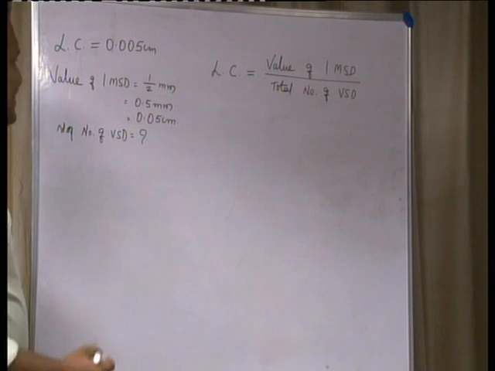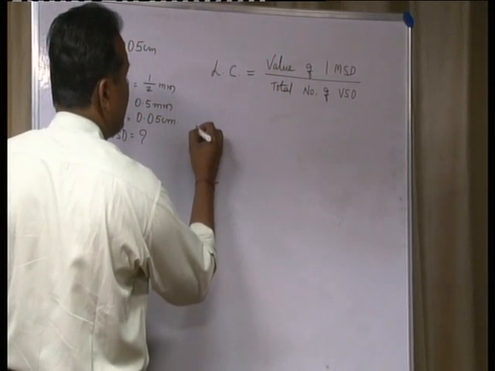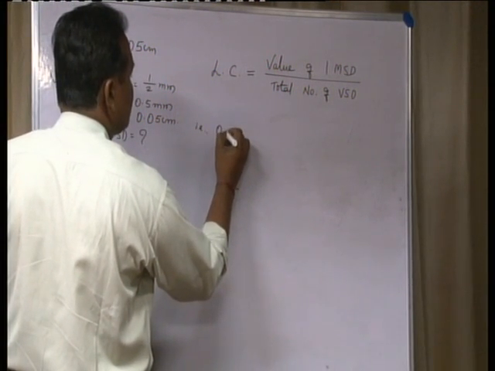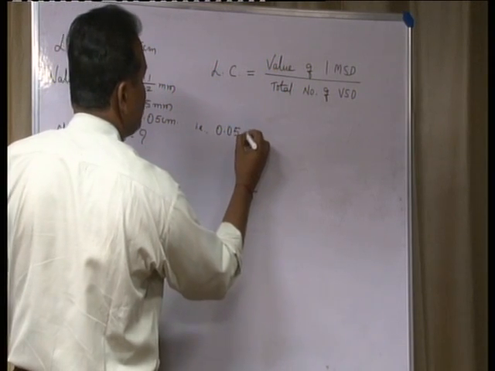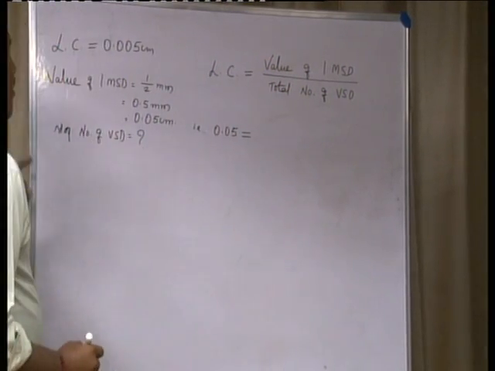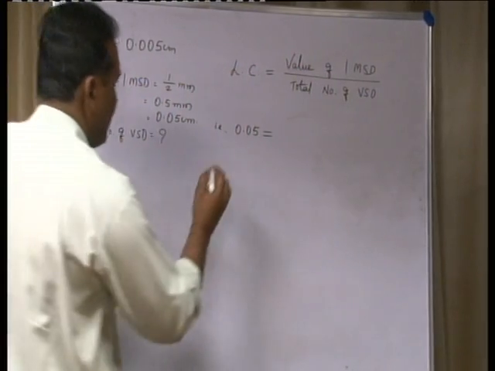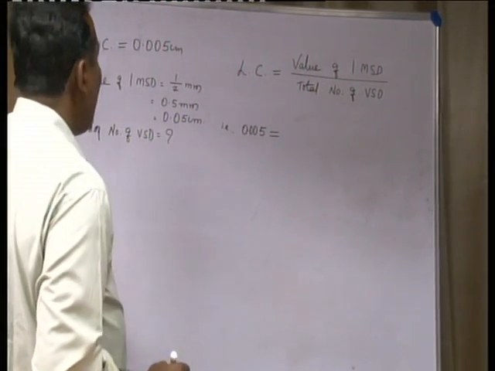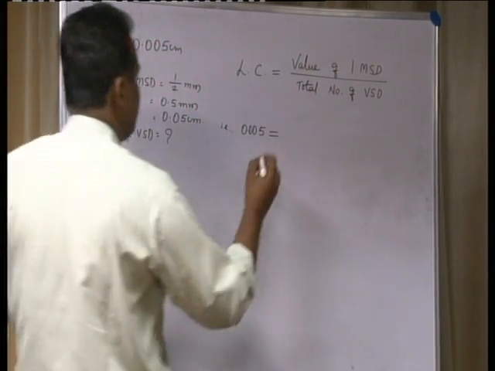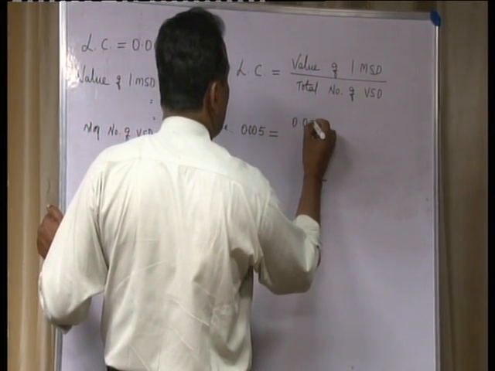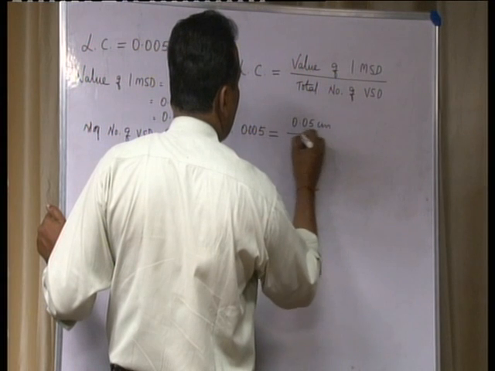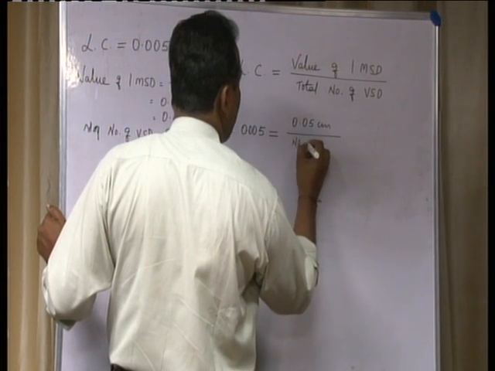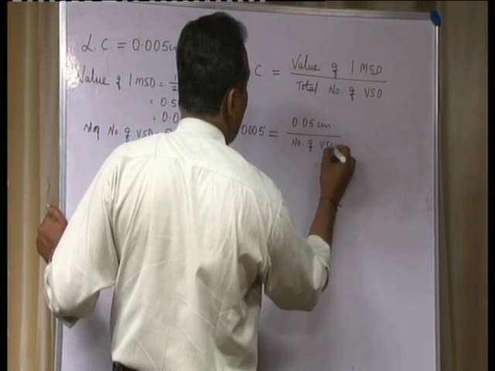So, the least count is 0.005 centimeter, and the value of 1 MSD is 0.05 centimeter. Now, it is required to find how many VSD are there.